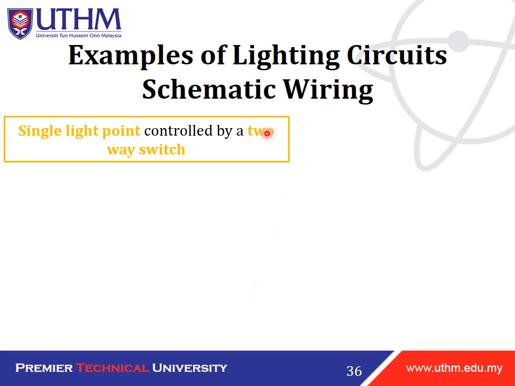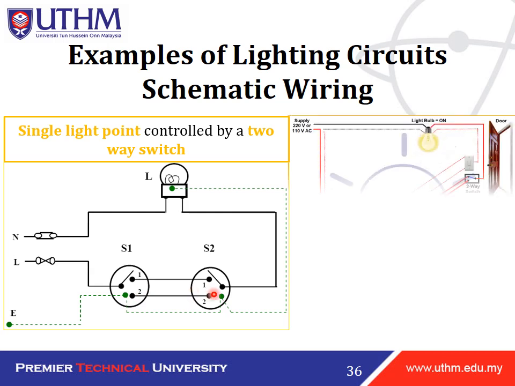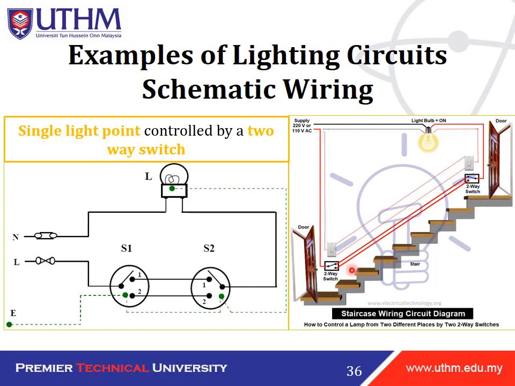Another example of lighting circuit is a single light point controlled by a two-way switch. So this is the circuit. We have one lighting point here and then we have two-way switches. Usually this kind of lighting circuit is used at the staircase.